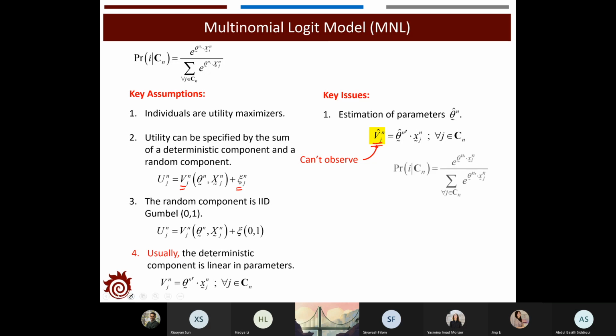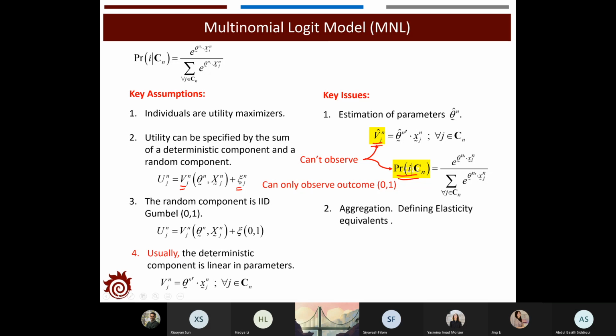And also the decision is a probability. In reality you can see whether the individual takes the mode or not, but you cannot identify the probability for this individual to take the mode. So that is another thing that is really hard for us to justify. What we can observe is just the outcome, either 0 or 1 for the specific mode.